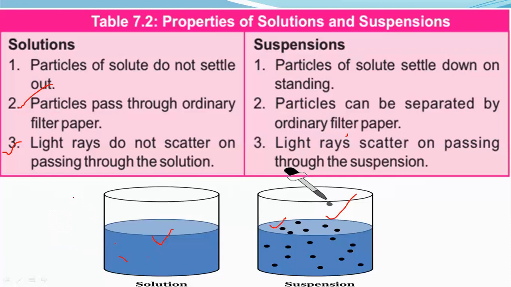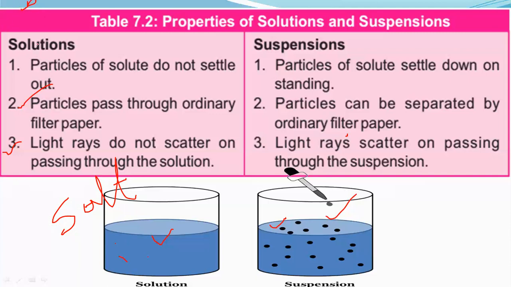When we add, for example, salt in water, that makes a clear solution, as does a sugar solution. The solution is clear and all the particles, because solid particles are small enough, dissolve properly in the solvent.